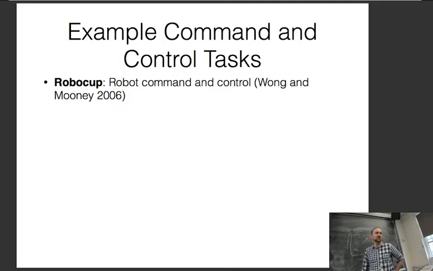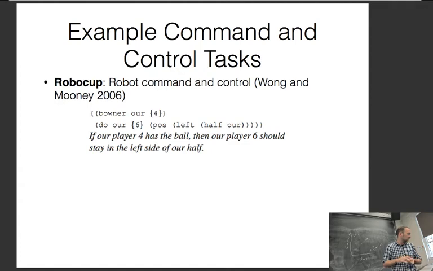And these commands get translated into a language that the robot can interpret. So here's one: if our player 4 has the ball, then our player 6 should stay in the left side of our half. So it also has conditionals, etc.